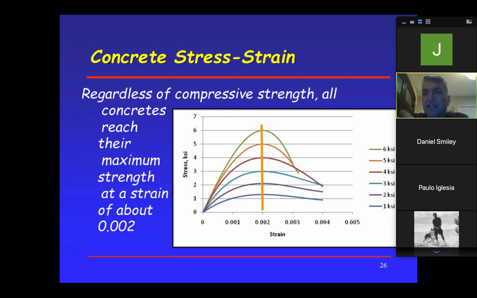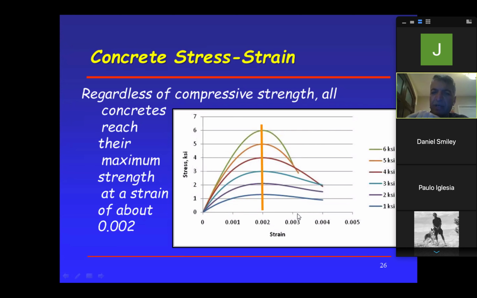Cylinders, I don't know how many cylinders I broke. Believe it or not, every single cylinder I broke, over 100, this was correct. This was a true statement, 0.002. Amazing. How this number comes out is amazing.